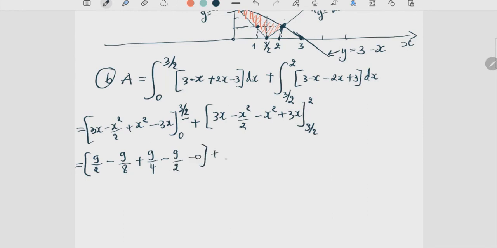Plus 6 minus 2 minus 4 plus 6 minus 9/2 plus 9/8 plus 9/4 minus 9/2.